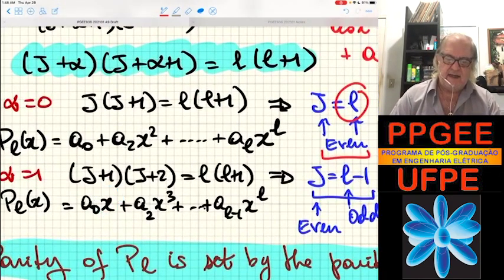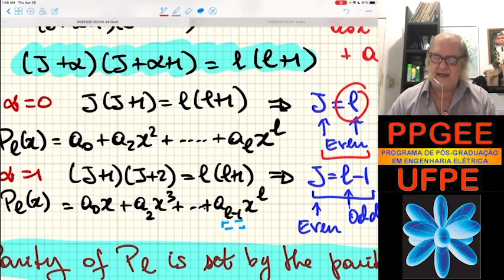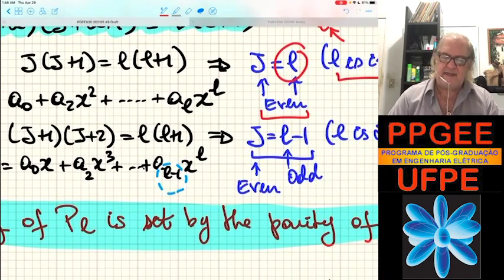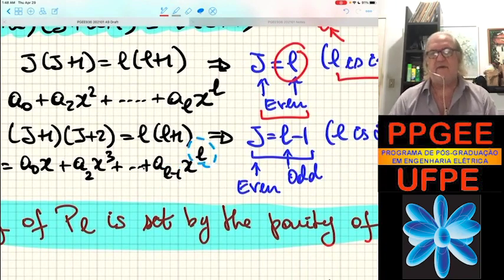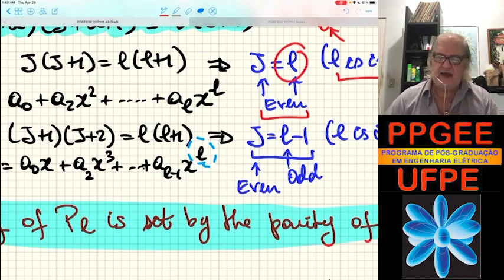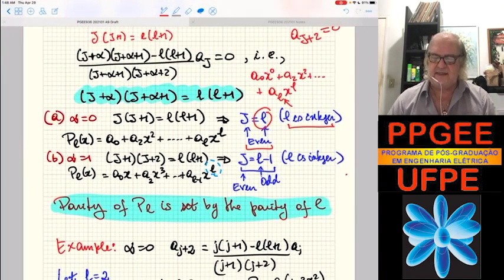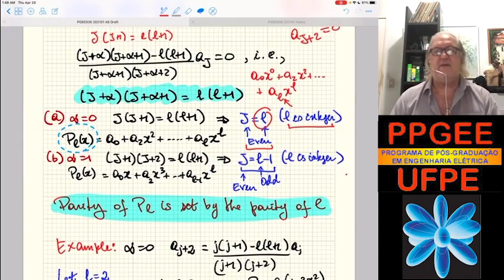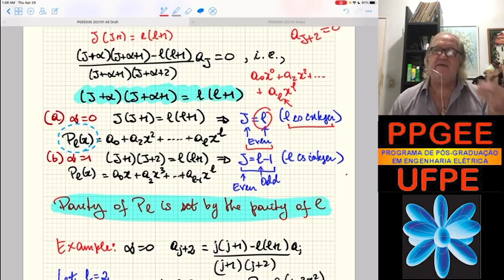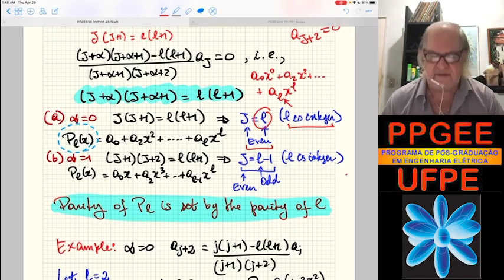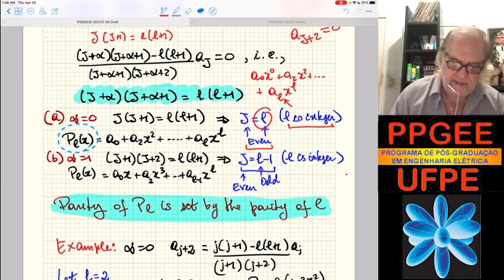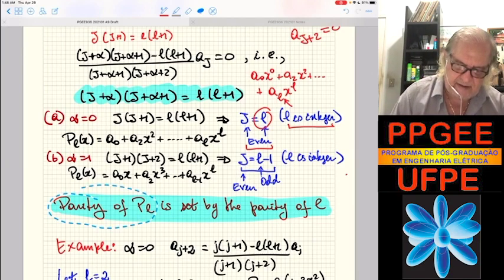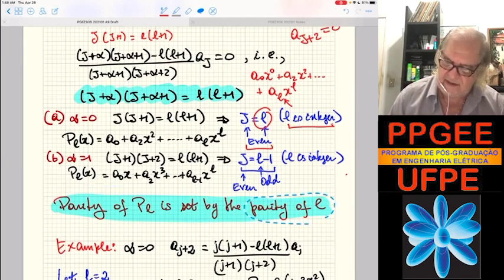The index is J, but the last index is L minus 1, and the power is x to the L. So in this case we have odd powers of x, and L is the index. We are labeling those polynomials PL of x. When L is even, we have an even function. When L is odd, we have an odd function. So the parity of PL is set by the parity of L.